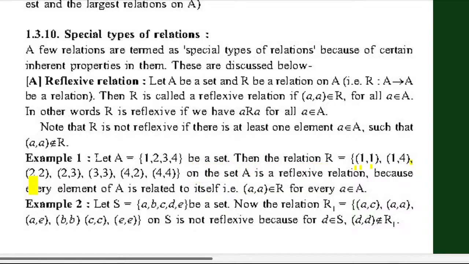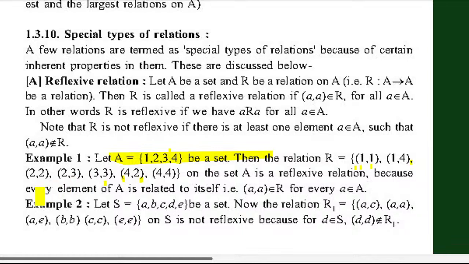You see, 2 and 2, 1 and 1, 1 and 4. This 4 also belongs to A. 3, 3 also belongs to A. 4 and 2, both 4 and 2 belong to A. So when all the elements in the relation belong to the set A itself, then such a relation is called a reflexive relation.